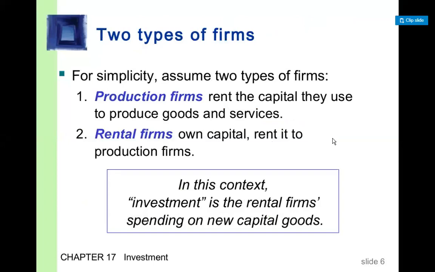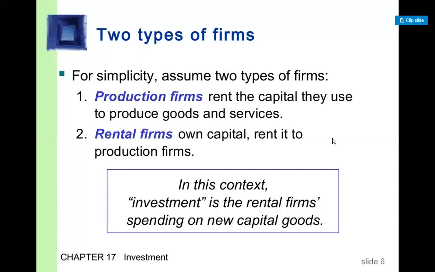We are going to discuss two types of investment. In this model, we will take both forms. For simplicity, we assume that there are two types of firms. The first one is the production firm.